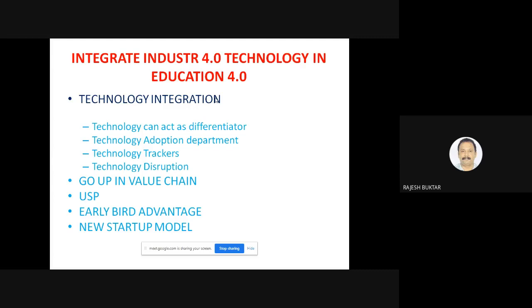If this technology is integrated by any engineering college, they will definitely go up in the value chain as compared to the engineering colleges existing in their vicinity at least. That is the advantage, and that is why I have kept this slide. Therefore, a technology adoption department should be there in higher and technical engineering education, energized by industry people, and we should develop a habit of tracking technology.